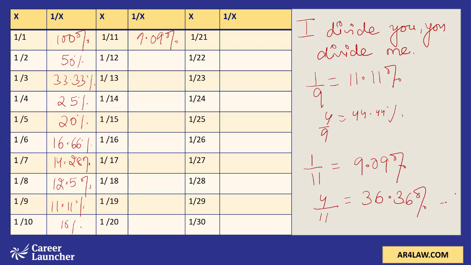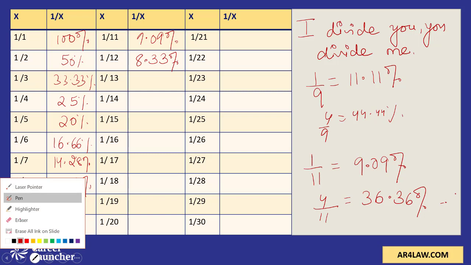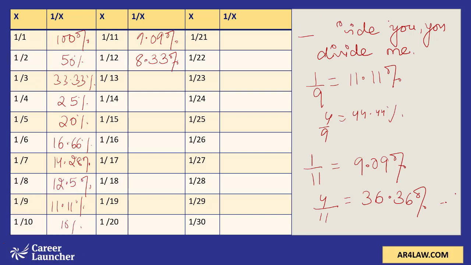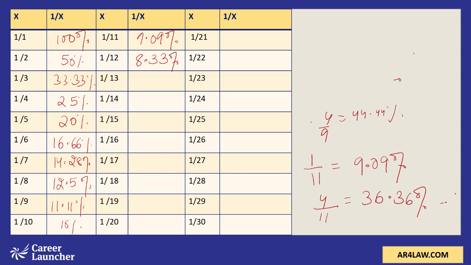Cool? Okay. 1 by 12. 1 by 12 कहाँ से निकालें? 1 by 6 का exactly half करके. So we will have 8.33%. 1 by 13. Now this is a troublesome guy because he is going to give trouble to my head, and I will have to remember this value in some corner of my brain.